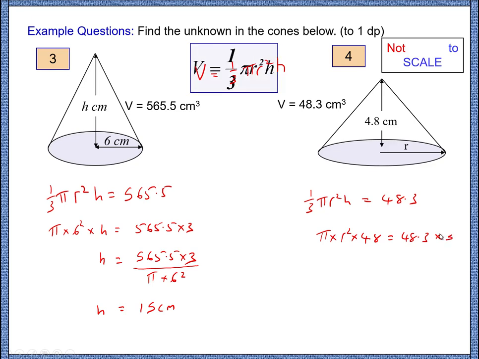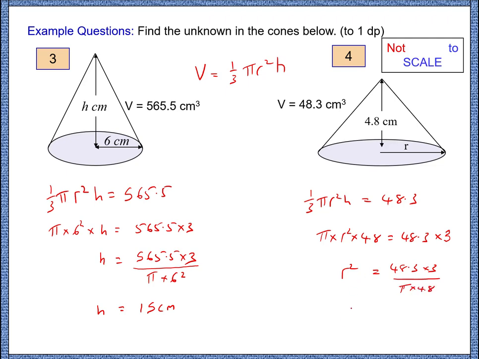Then r squared is equal to 48.3 times 3 divided by pi times 4.8.